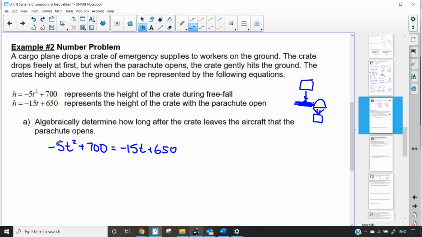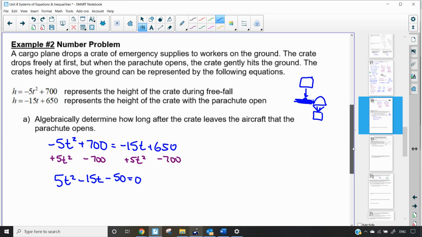I have a t squared and I have a t, so I want to move everything to one side to make it factorable. So I'm going to add a 5t squared here and subtract 700, and that means I'm adding a 5t squared and subtracting 700 on this side. That gives me 5t squared minus 15t minus 50 equals 0.